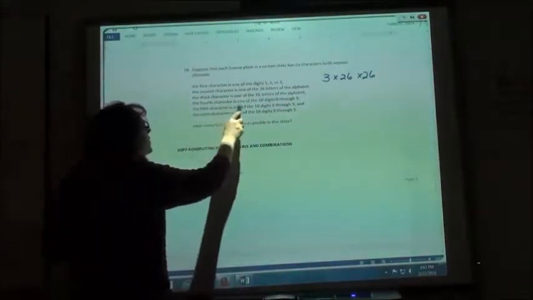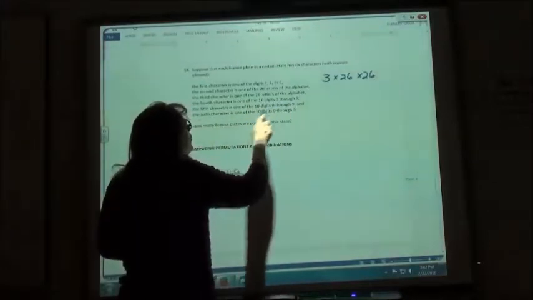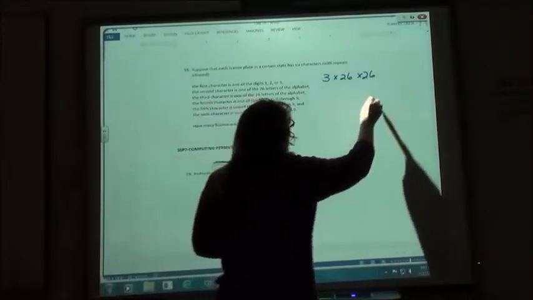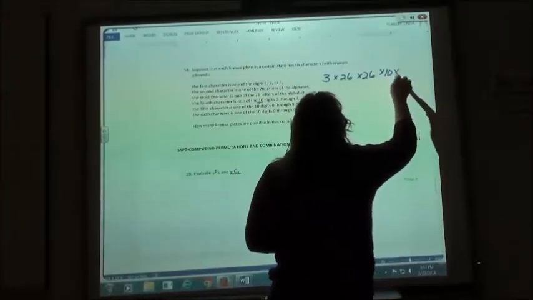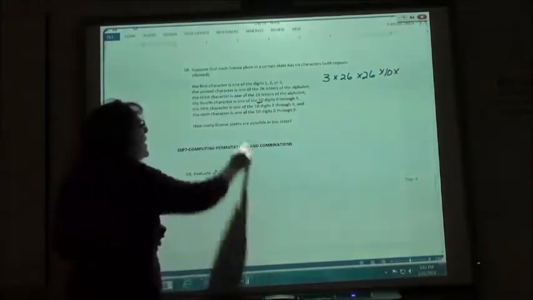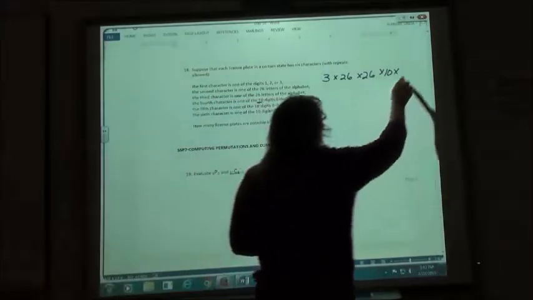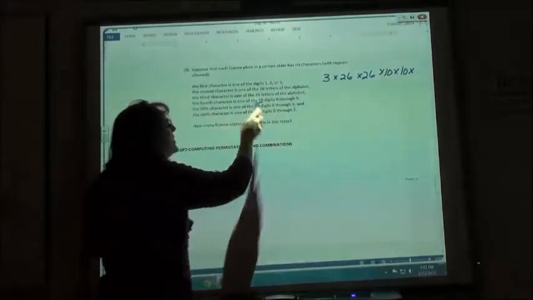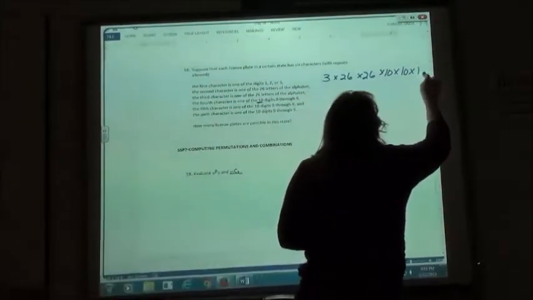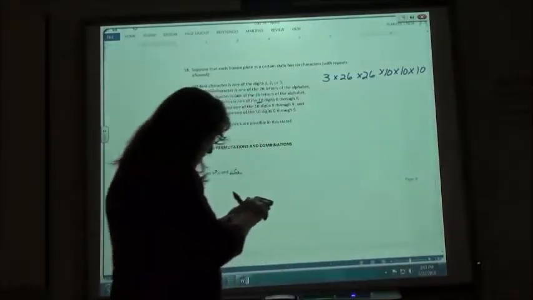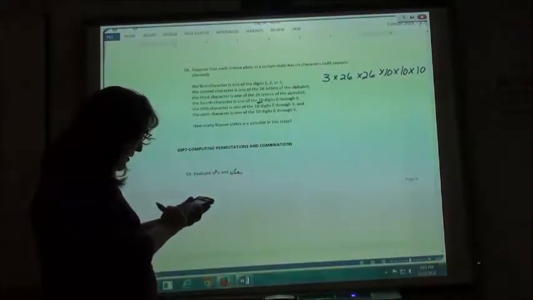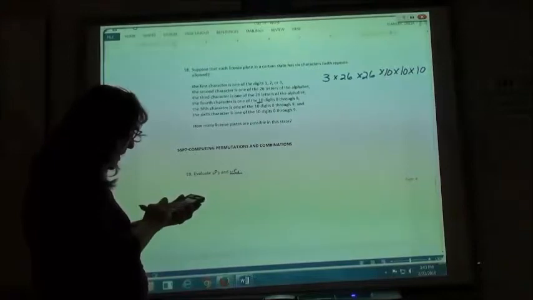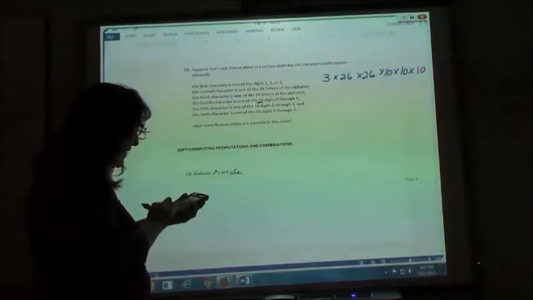My fourth one is one of the digits 0 through 9. There are 10 digits, so 10 choices there. My fifth character, again, is one of the digits 0 through 9, so 10 choices there. My sixth character is one of the 10 digits 0 through 9, so 10 choices there. So 3 times 26 times 26 times 10 times 10 times 10.